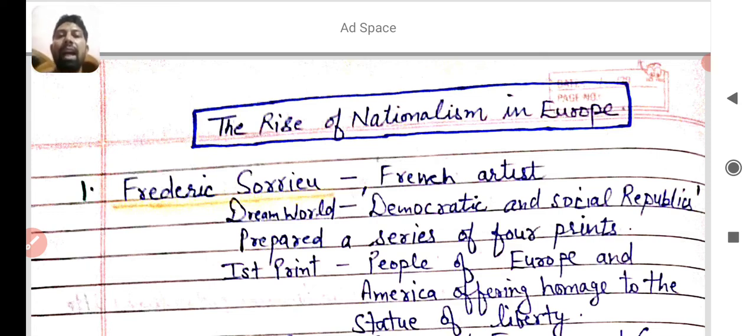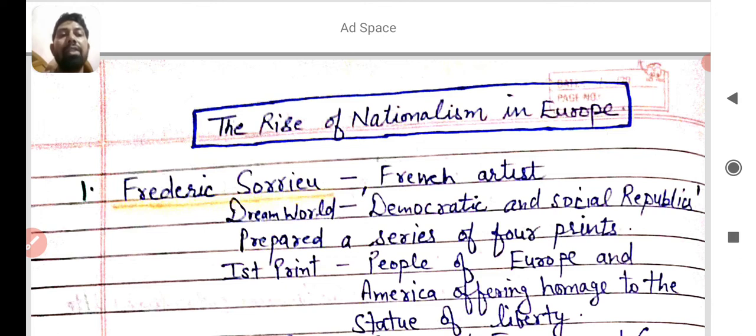You know that Frederick Sorrieu is a French artist, and he made a series of 4 pictures on the first page of the lesson, and he named this series Dream World, and the major headline of the series is Democratic and Social Republic.